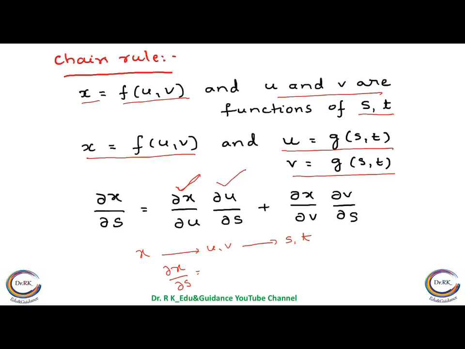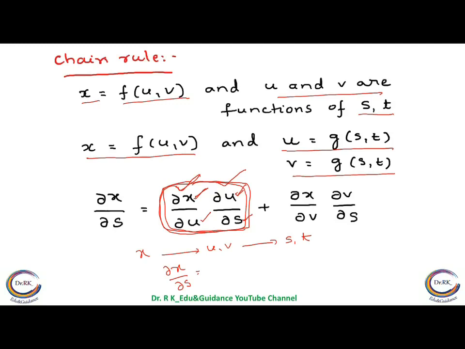So this term is the change in x corresponding to the change in u, and the change in u corresponding to the change in s. When u changes, x also changes. This part takes care of the change in x when s varies and in turn u varies.